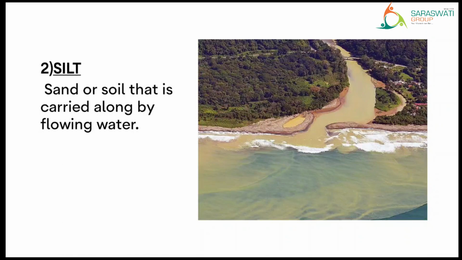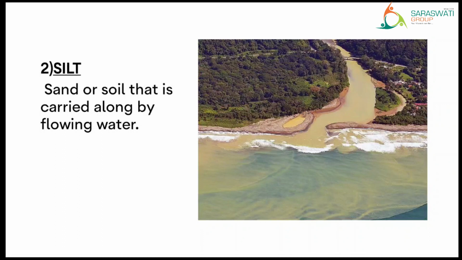In the picture you can see the muddy water is flowing and then it is joining into another water body. But when this muddy water is flowing, you can see that yellow color or brown color in it. It is nothing but a silt.